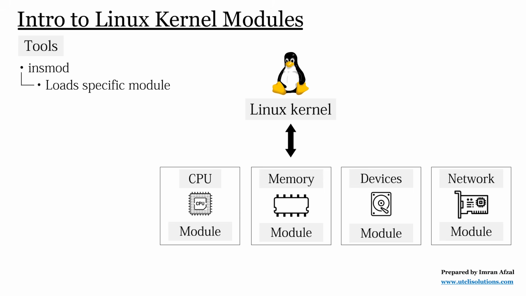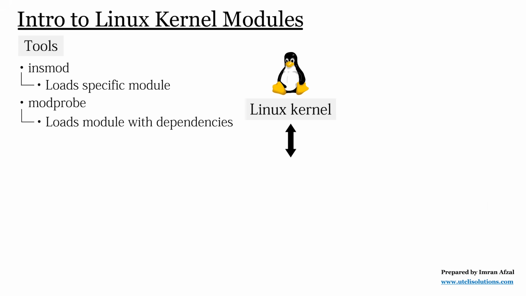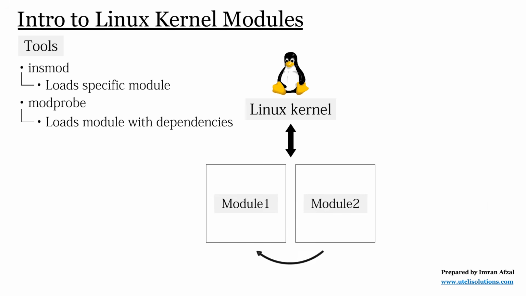Because real systems have modules that depend on each other, Linux provides an advanced tool called modprobe to handle this properly. The modprobe tool loads a module and automatically handles all required dependencies. If a module depends on other modules, modprobe ensures they are loaded first.